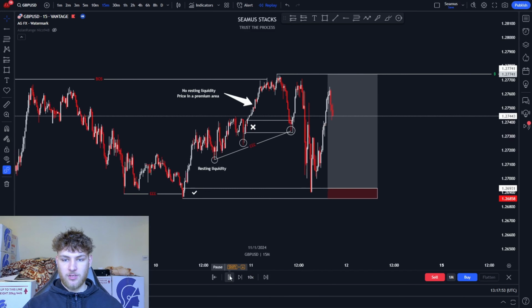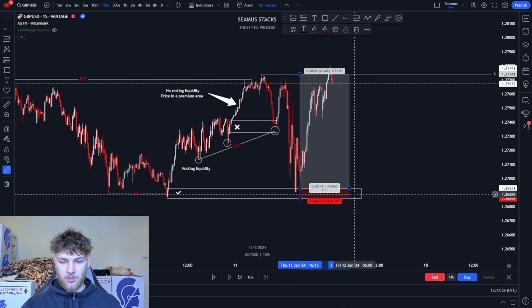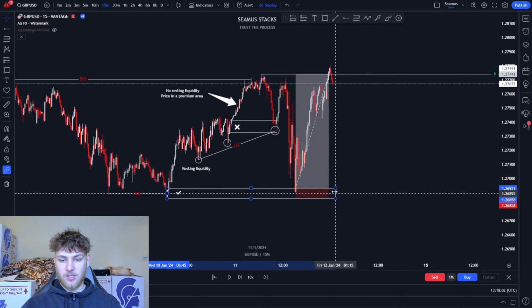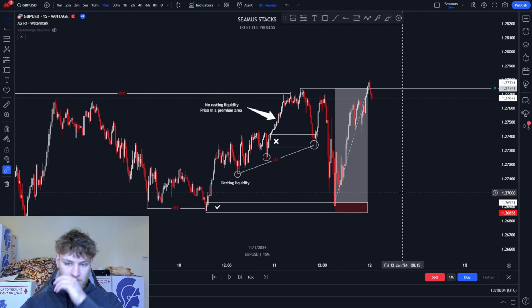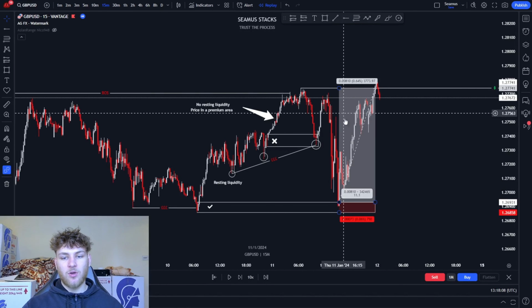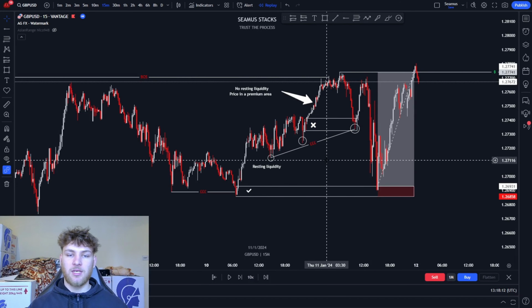Boom, mitigated our entry and flew into our take profit. And that is because it had all of the momentum from taking all of that liquidity out, okay? So it was able to give all of this strong push. You see, we barely got any retracement because we managed to take out all of this liquidity, meaning larger orders could be filled, meaning more liquidity for the move, okay?